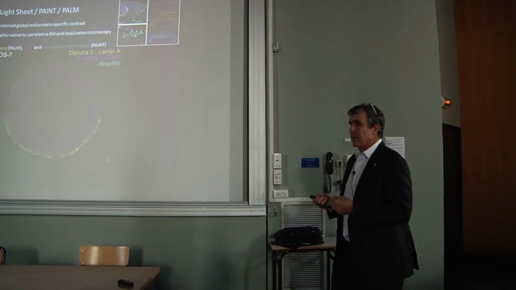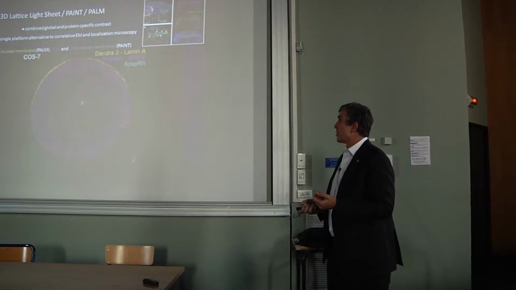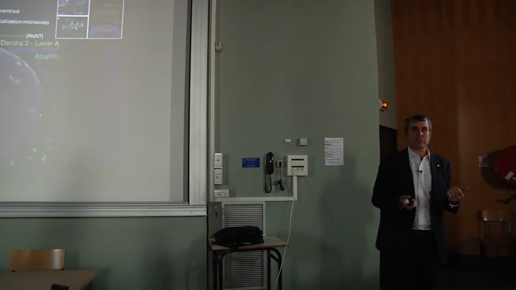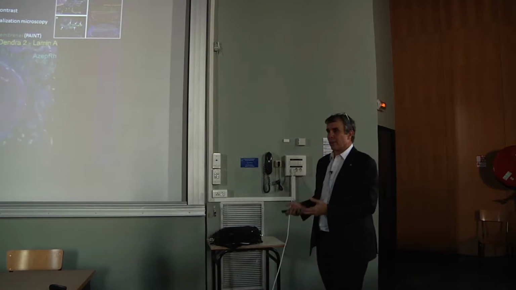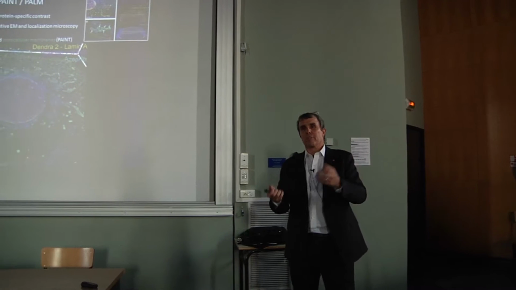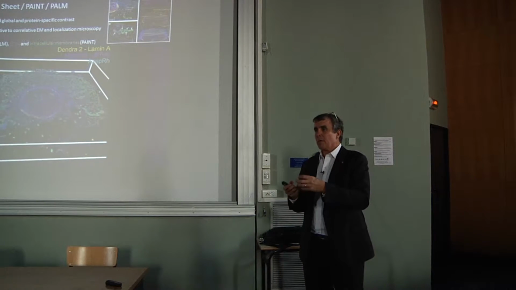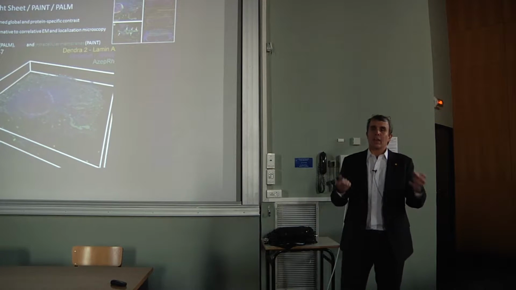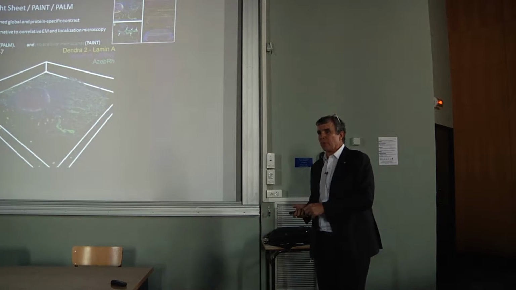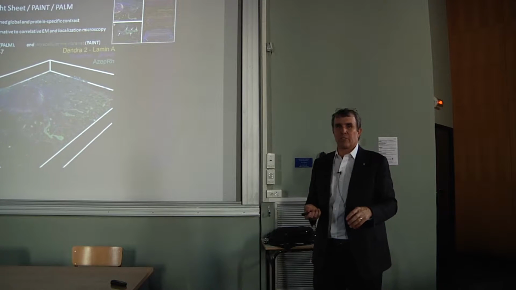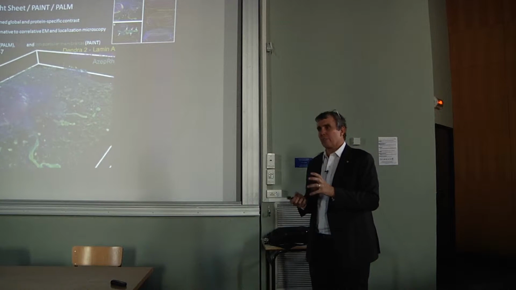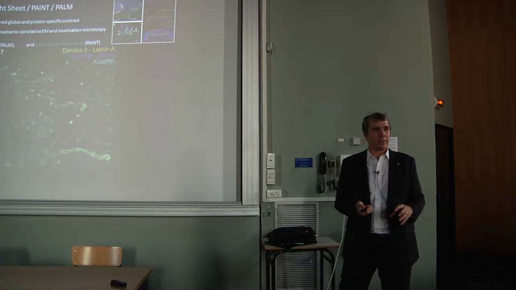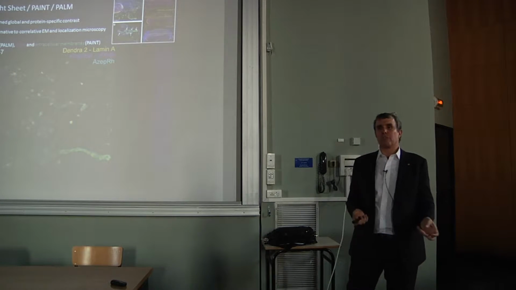Another major advantage of this approach is that a lot of people in the super resolution field have been trying to do correlative electron microscopy with super resolution microscopy, because the EM gives you global contrast of all the membranes, and then the super resolution gives you protein specific contrast. But it's extremely difficult to do because the heavy metals necessary for EM contrast are lethal to fluorescence.